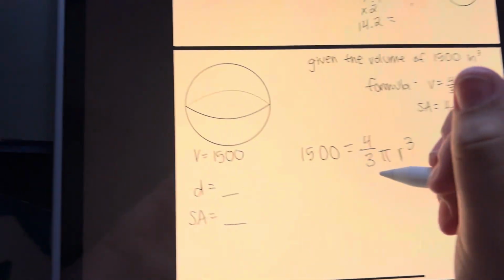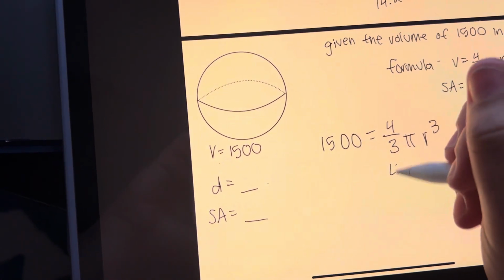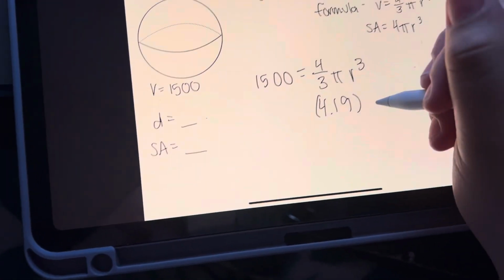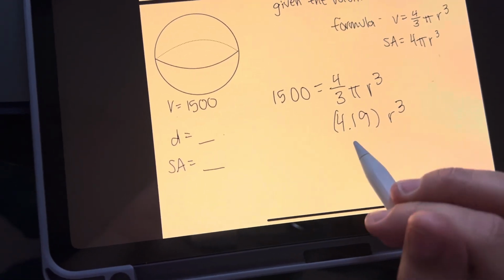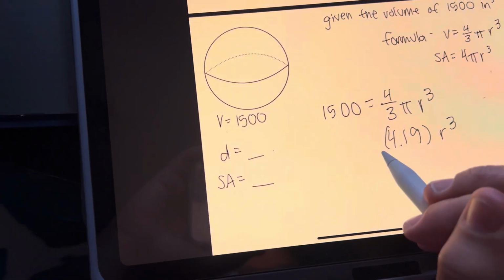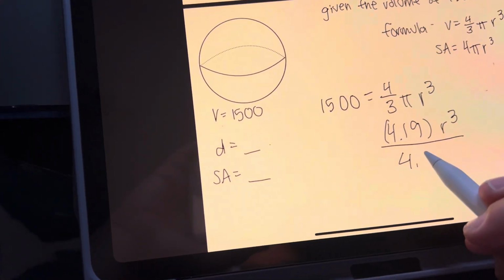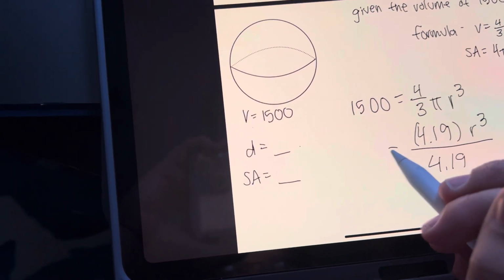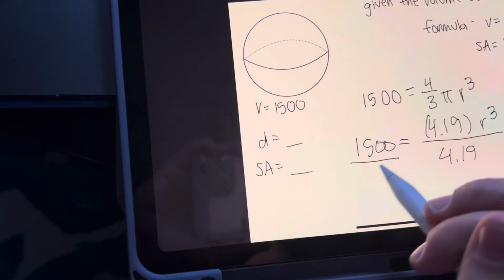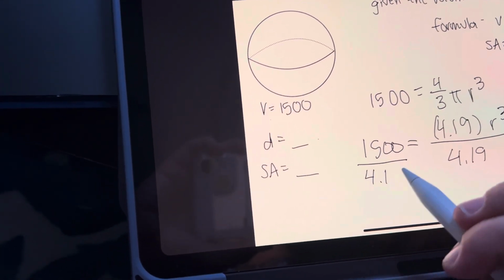So this would be 4.19, I'll put that in parentheses, r cubed. To get this out, we would then have to divide the whole thing by 4.19. We do to one side of the equation what we do to the other, so we would also divide this by 4.19.